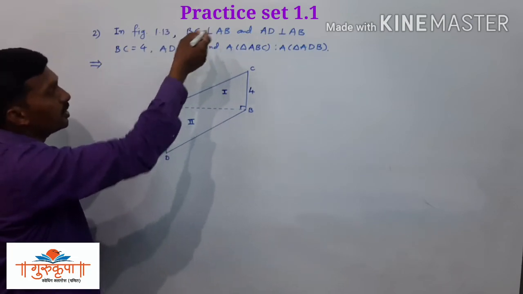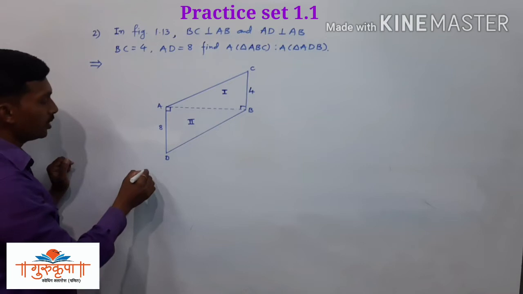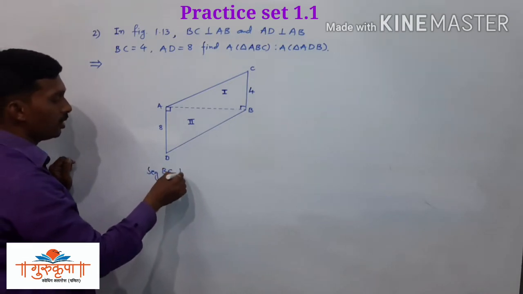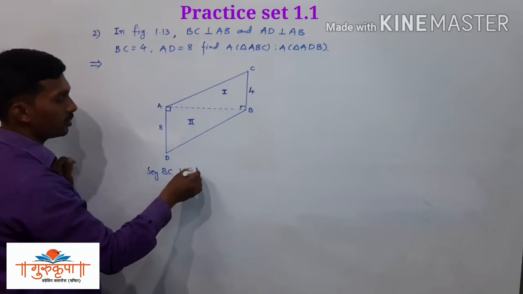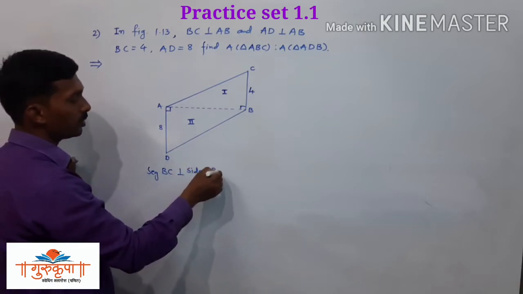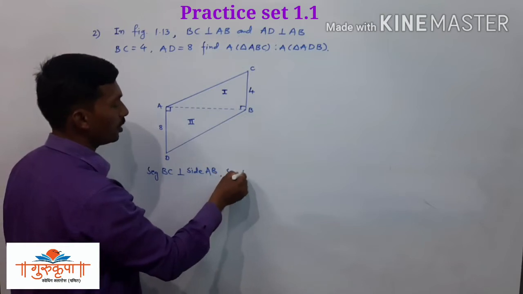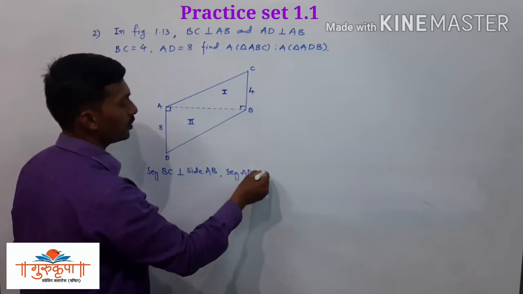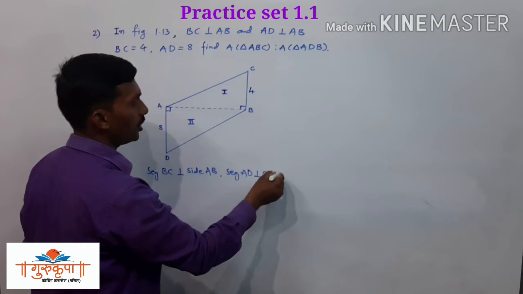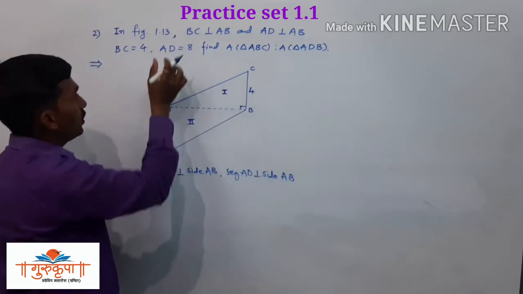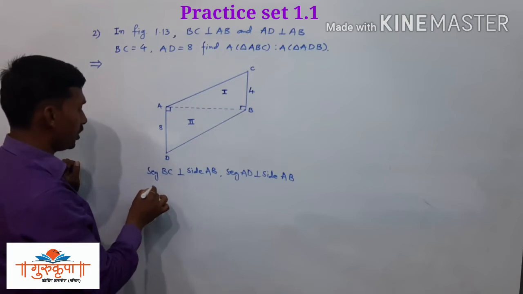See, it is given that BC is perpendicular to AB. That is given information. It is also given that AD is perpendicular to the side AB. We are given BC is equal to 4 and AD is equal to 8.